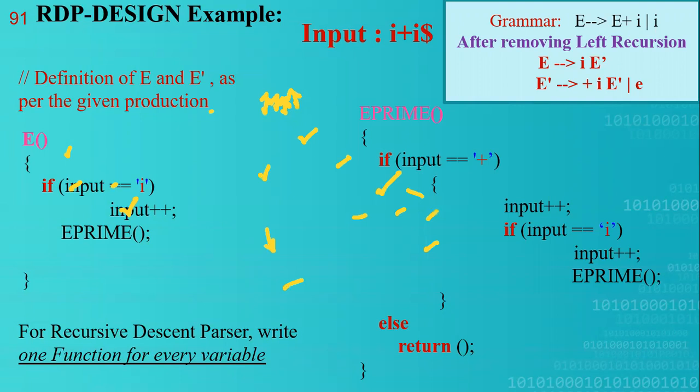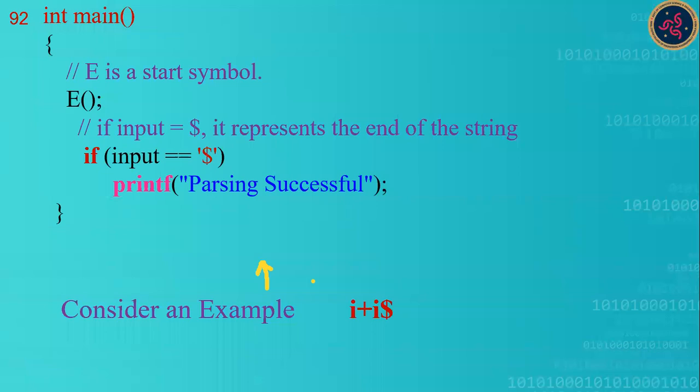Again, my control will be given to the function where it was called. Since this is the end of this function, it will move back to the main function. In the main function, after coming back from all the procedures, we are checking whether the input is equal to the dollar symbol.